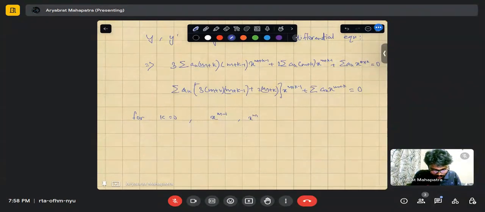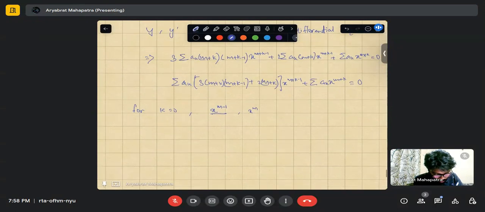You have to pick the lowest degree term, and its coefficient you have to equate with 0, because in the RHS you don't have that coefficient. So RHS is basically 0.